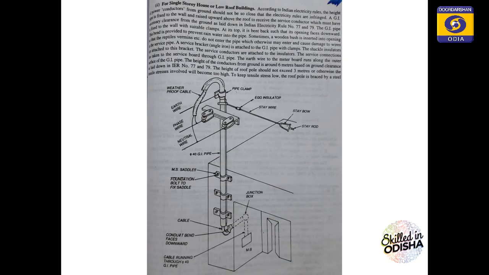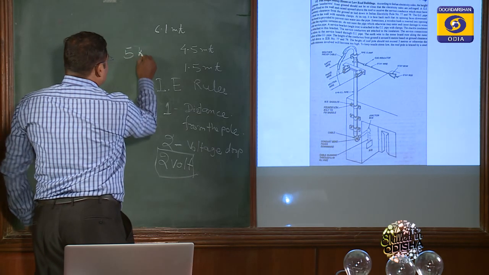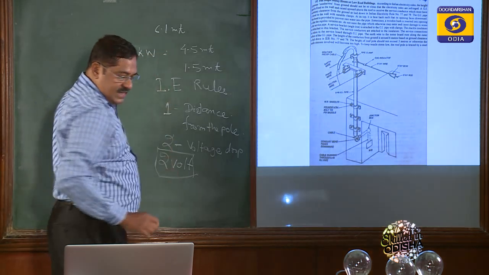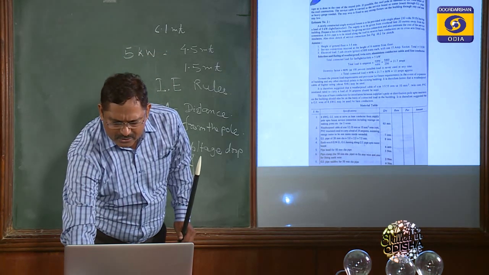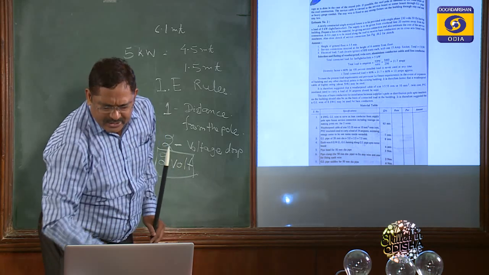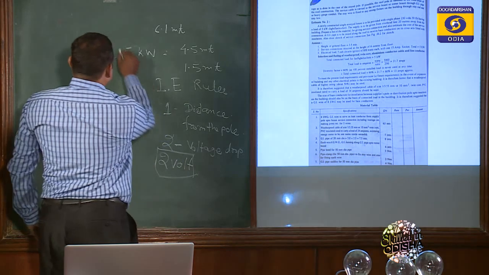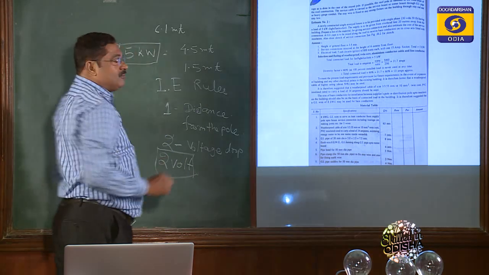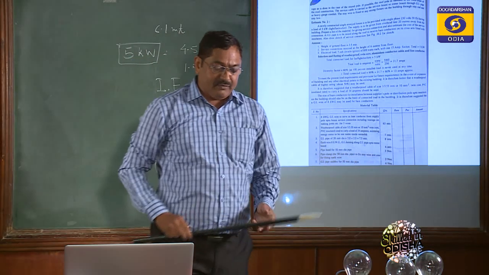So for this cable, we have to first decide the load. Suppose the total load of the house is 5 kilowatt. In that case, we must say a diversity factor of 60%. What is diversity factor?